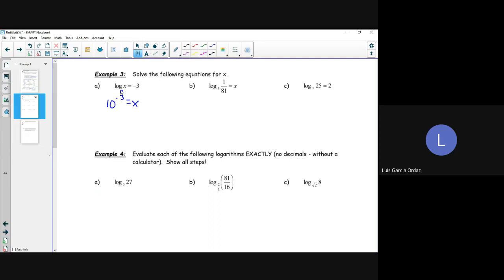What does 10 to the negative 3 give us? One over 1,000. So 1 over 1,000 is equal to x, which means log of 1 over 1,000 equals negative 3.